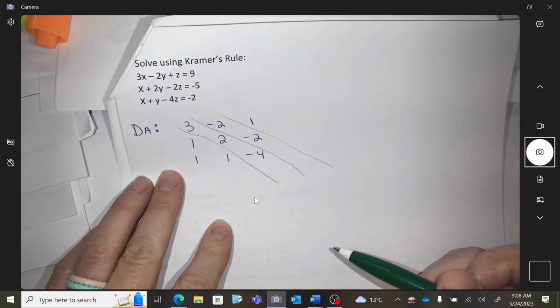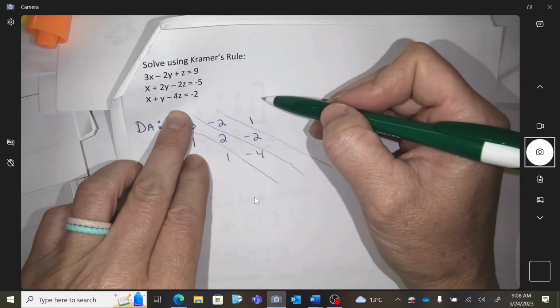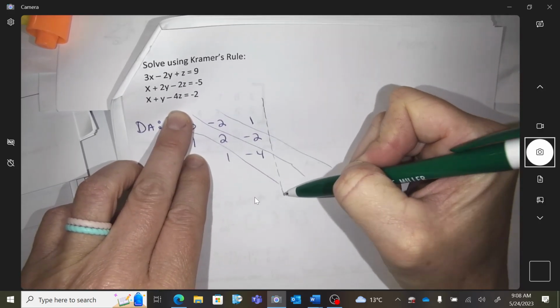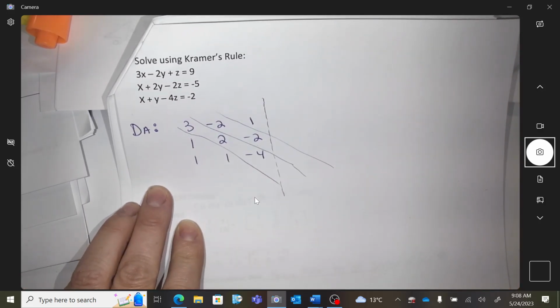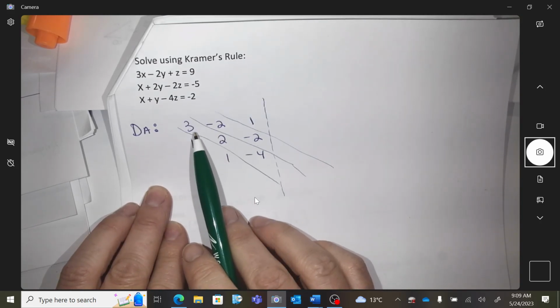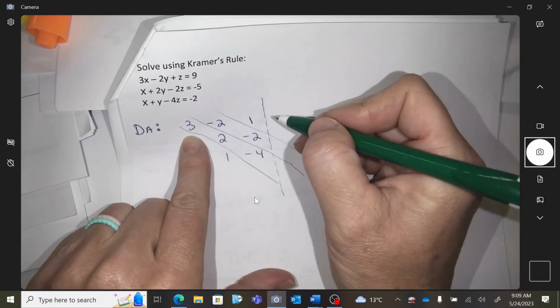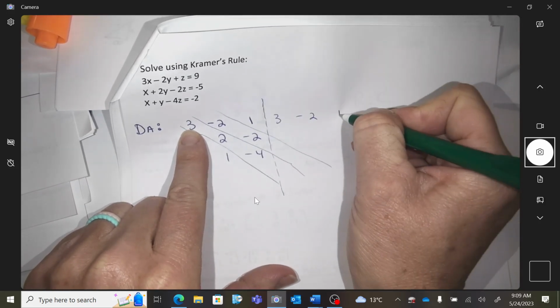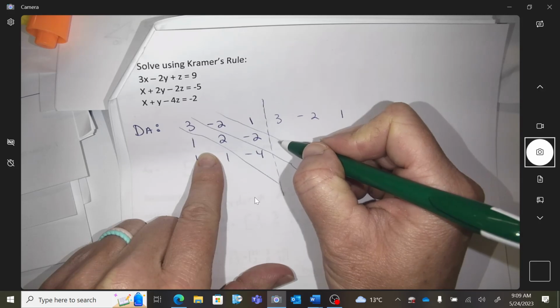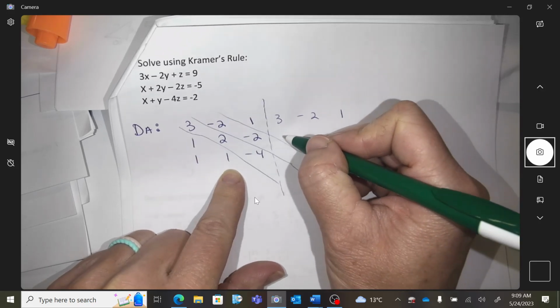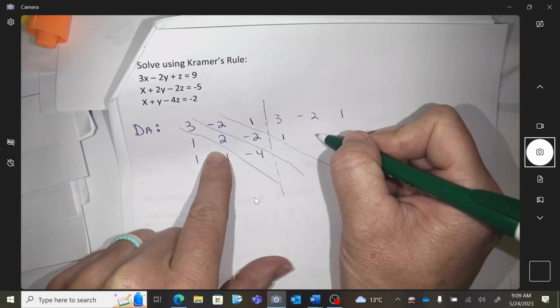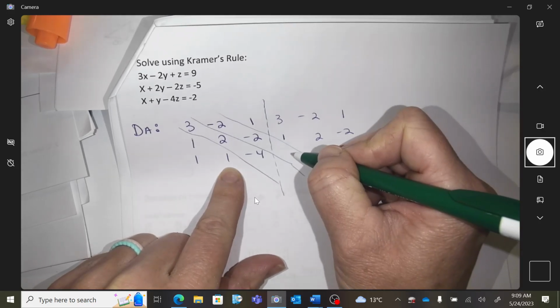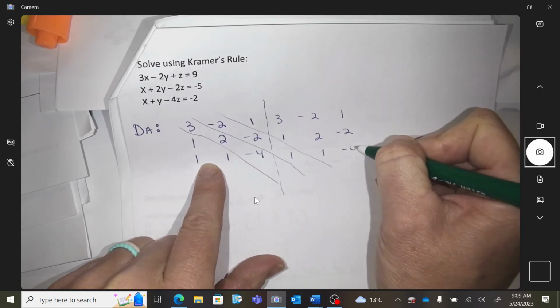That's not good. So what I'm going to do, I'm going to draw a line like that, and I'm just going to start repeating this over. 3, negative 2, and 1. 1, 2, negative 2, 1, 1, negative 4.